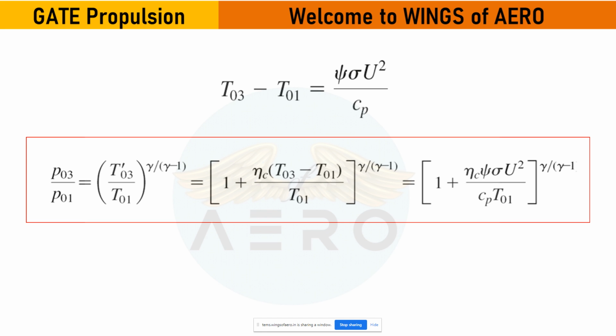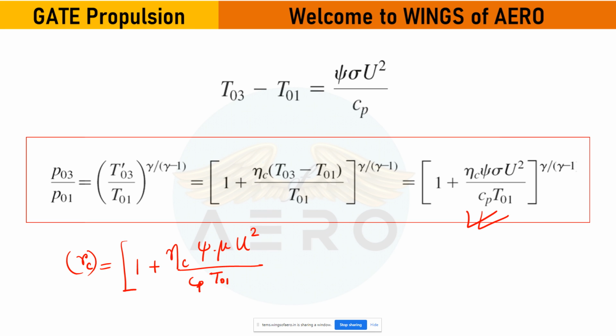In short, you can rewrite this equation: P03 by P01 is the complete pressure ratio, which can be written as 1 plus eta c psi into mu U square by Cp T naught 1, raised to gamma by gamma minus 1.